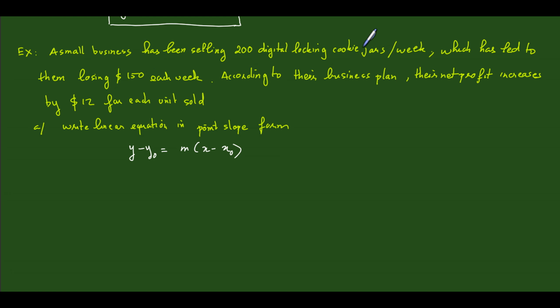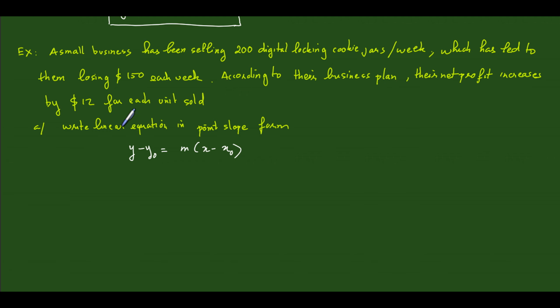Then their net profit increases by $12. So you remember last time I said that every time I say something about an increase or a decrease per unit, that is the slope. So it looks like this is the slope right here, but which one is variable y, and which one is variable x?